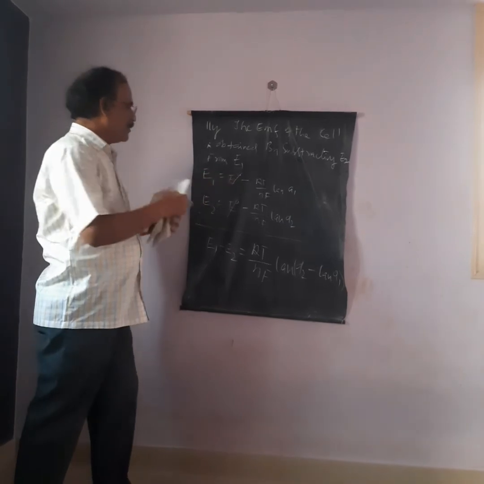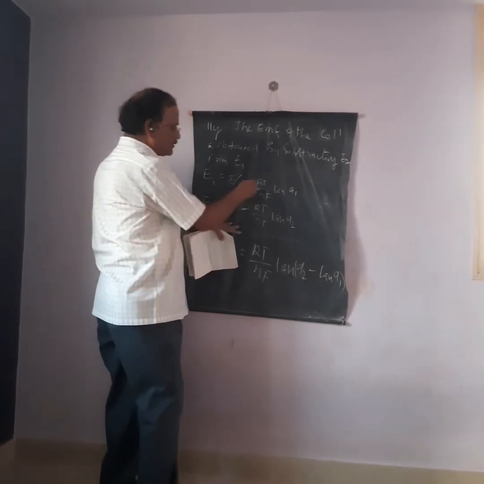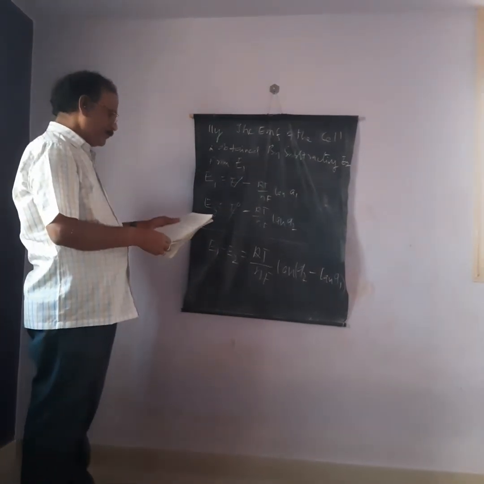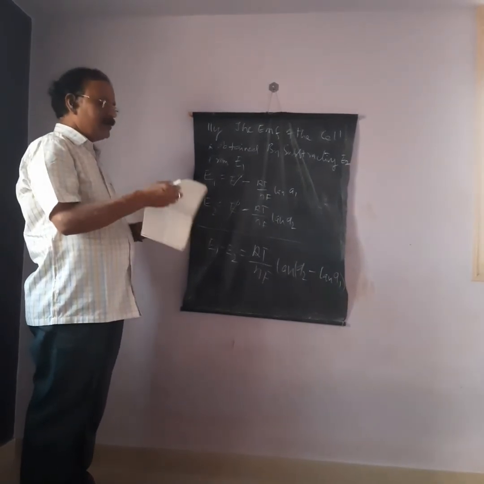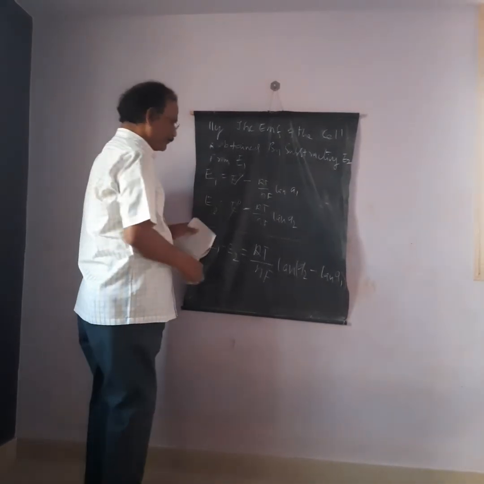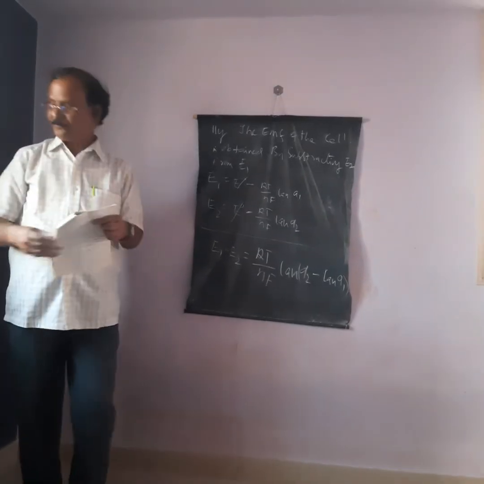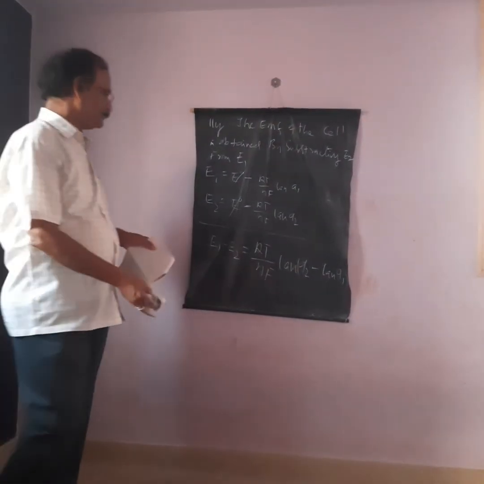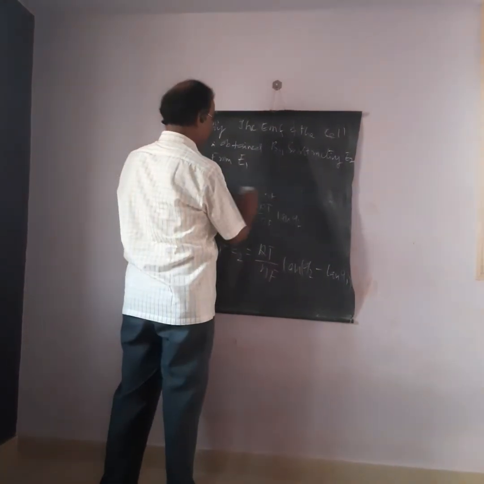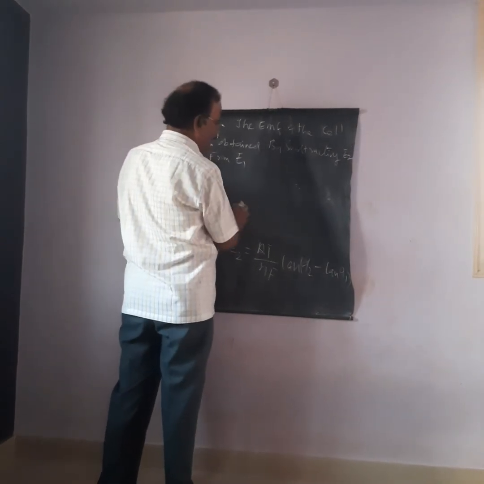This is minus of minus plus, that is ln A2 minus ln A1. So this is equal to RT by nF into ln A2 by A1.